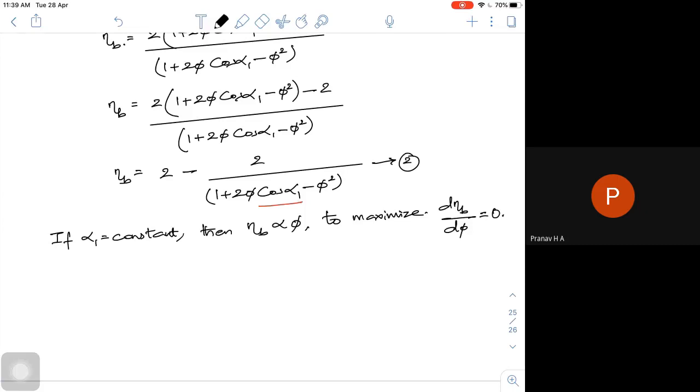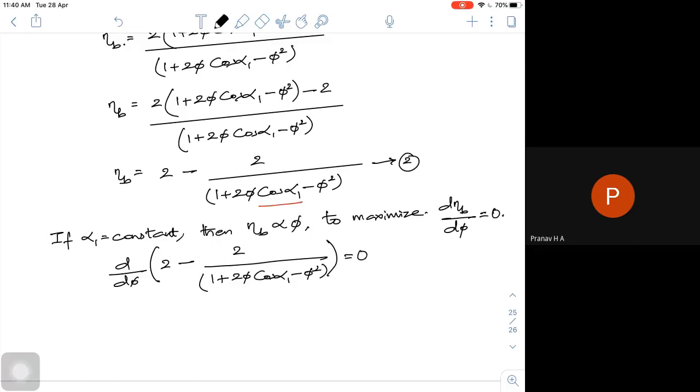So d by d phi of that particular blade efficiency, which I will express as 2 minus 2 divided by 1 plus 2 phi cos alpha 1 minus phi square, is equal to 0.